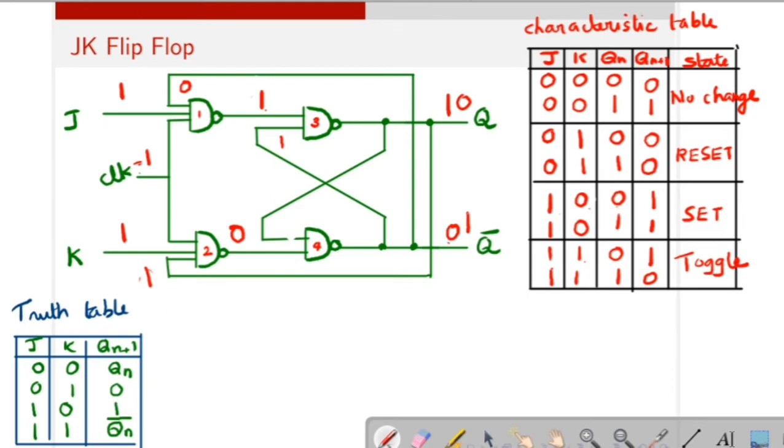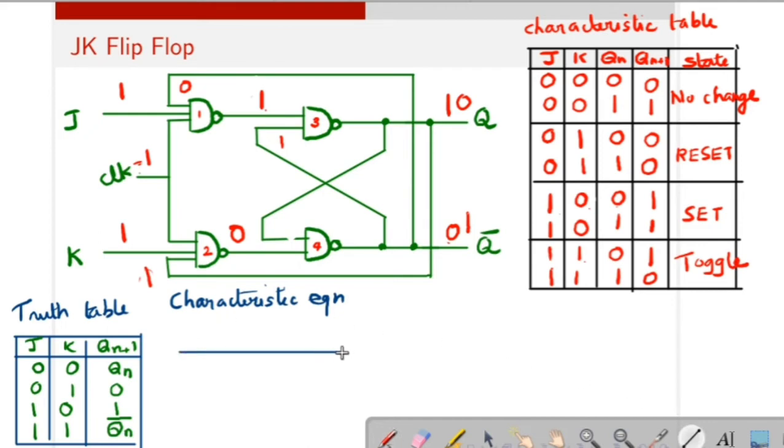Next we can derive the characteristic equation from the characteristic table. To derive the characteristic equation, we have 3 inputs, J, K and Qn, and the output is Qn plus 1.